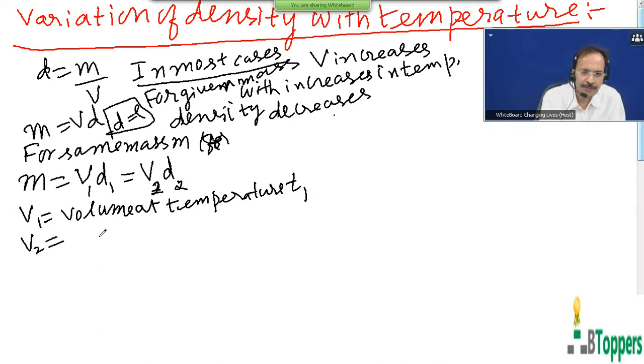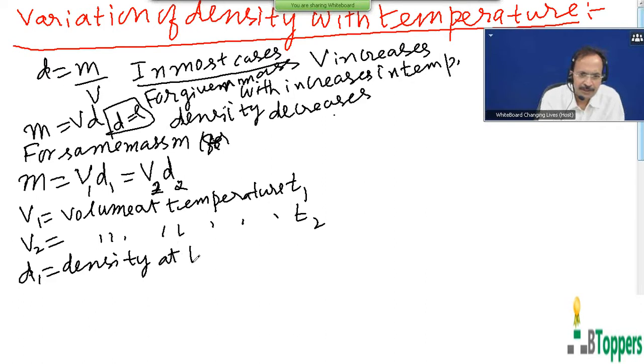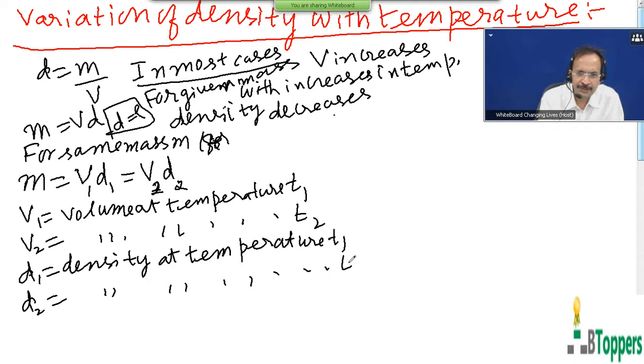V2 is the volume of the same mass of the substance at a different temperature T2. And D1 is the density of the substance at the temperature T1, and D2 is the density of the same substance at temperature T2.